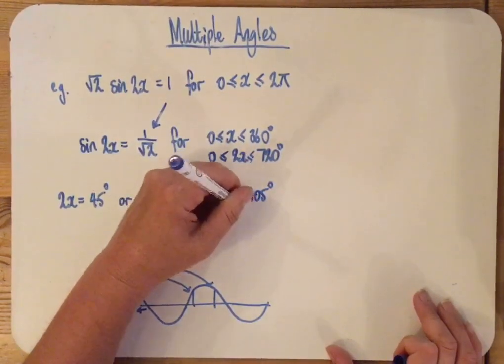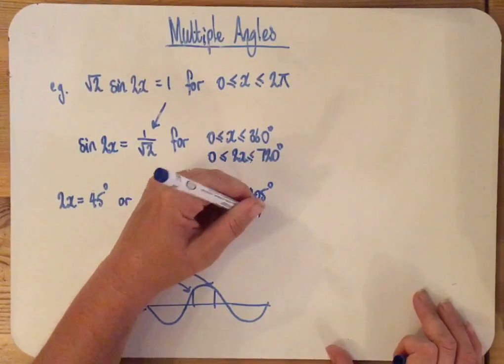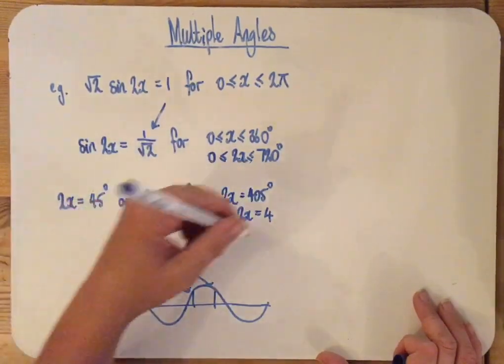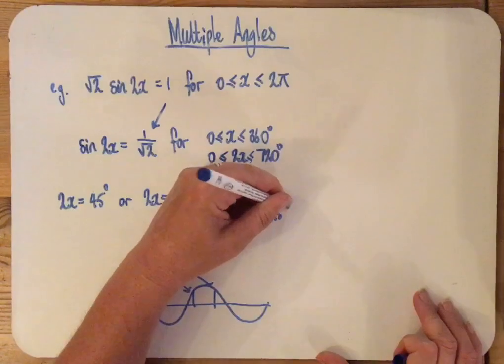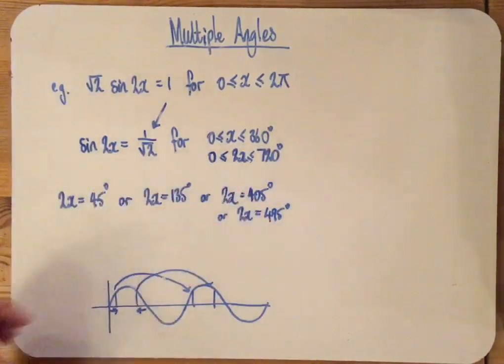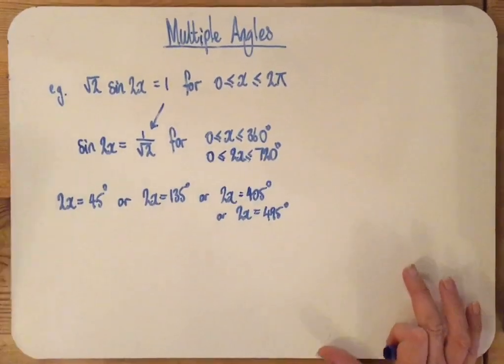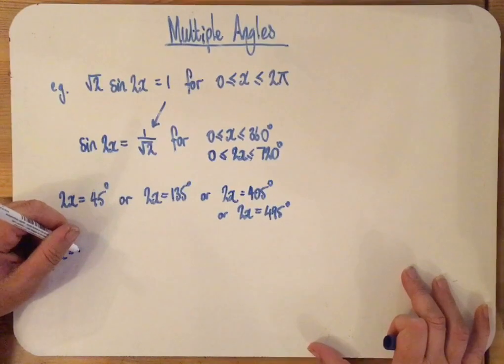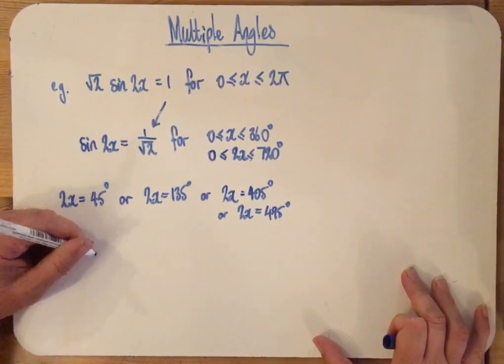Run out of room, or 495 degrees, so 135 plus 360. Then you need to divide by 2, so it's a little bit arduous. I haven't got that as a decimal, so I'm just going to write 45 over 2.